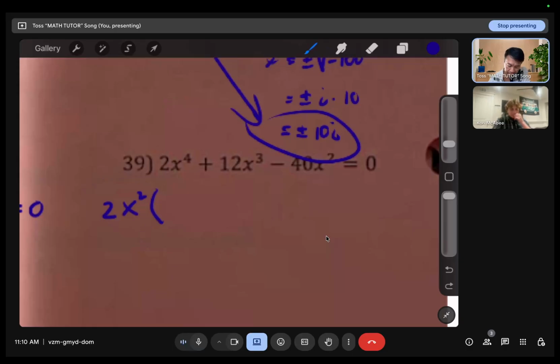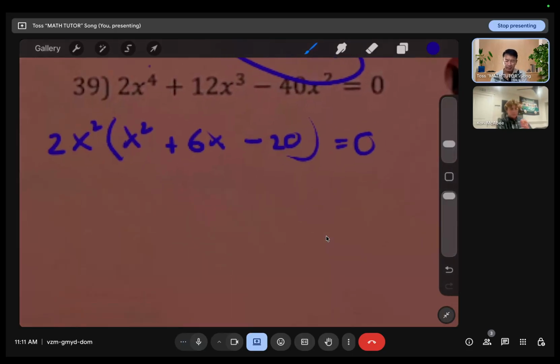Let's continue. 2x squared times what will give you 2x to the fourth? It's just going to be x squared. 2x squared times what will give you 12x to the third? That will be 6x. And 2x squared times what will give you -40x squared? -20. Right? Yeah, that's it.